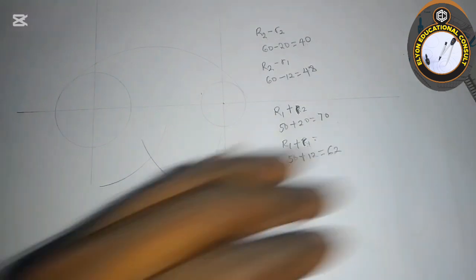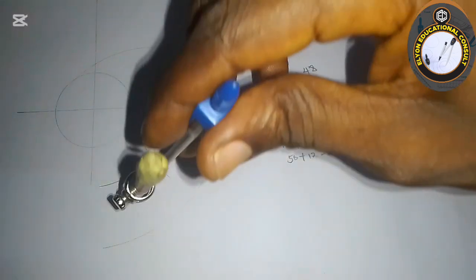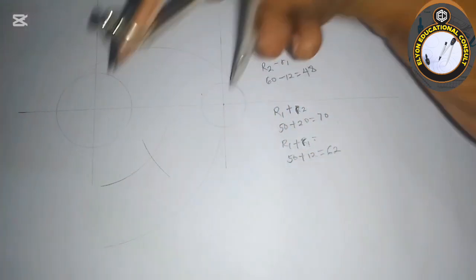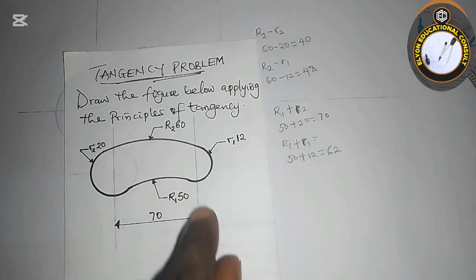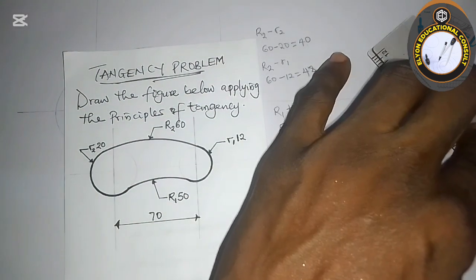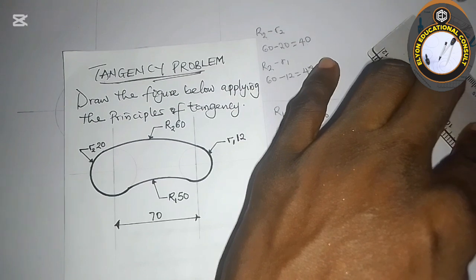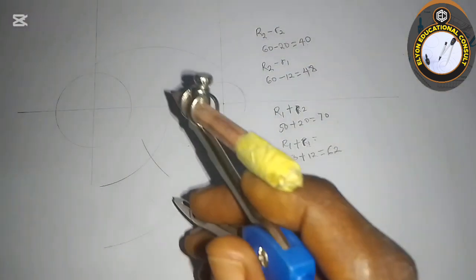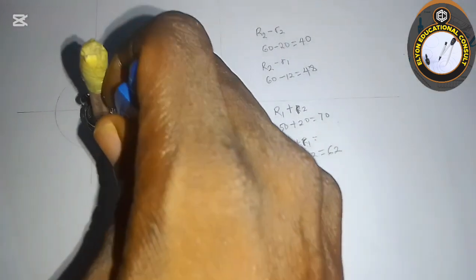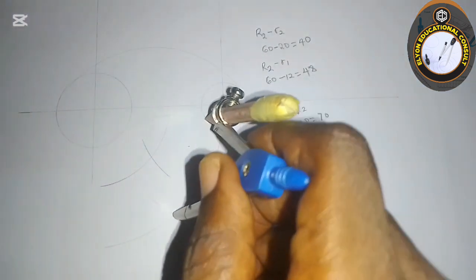Then place here, strike an arc. Now the internal arc here is 50. So I'm going to measure 50 now. So this is 50. So I'm going to place here, and I'm going to use it from this side, and it will hold like this from here.